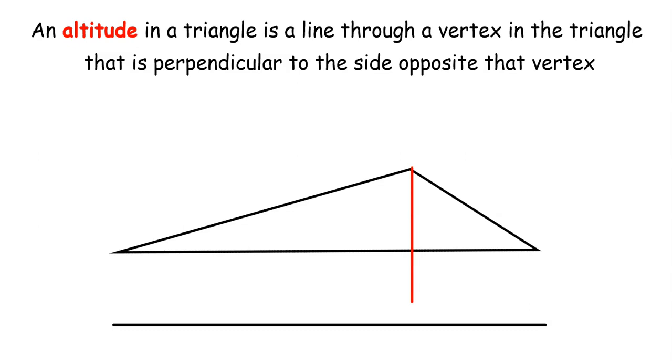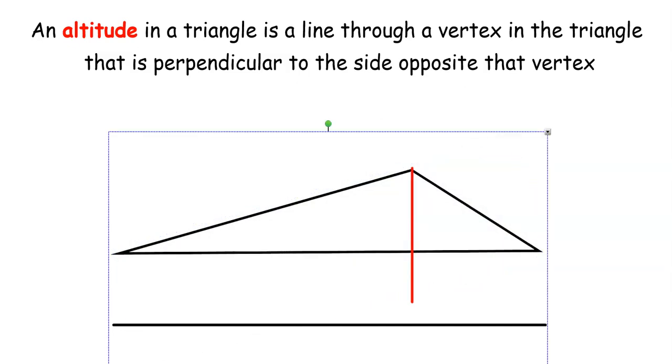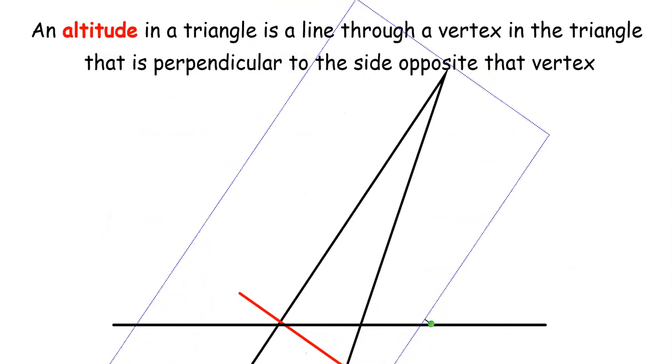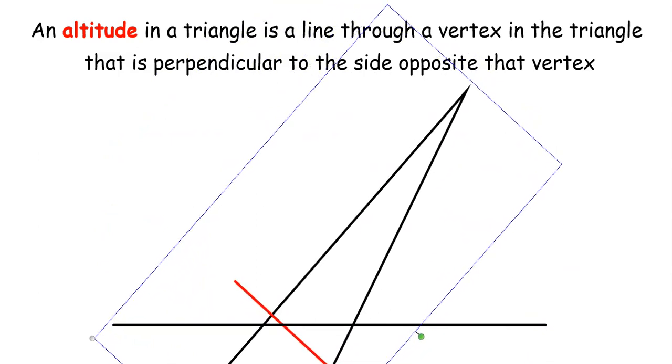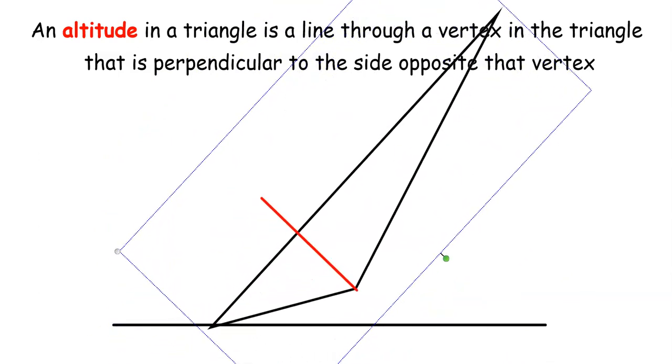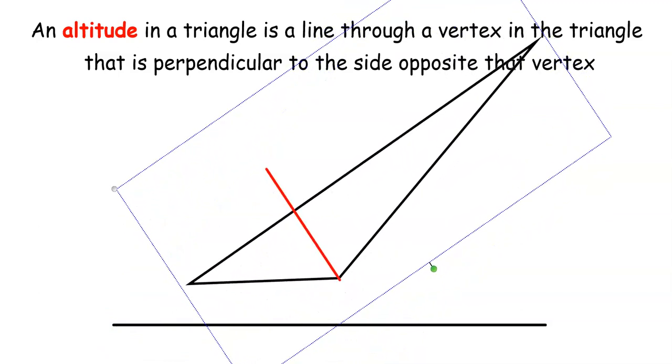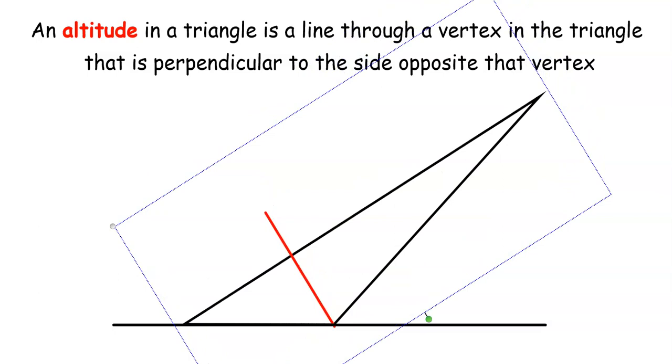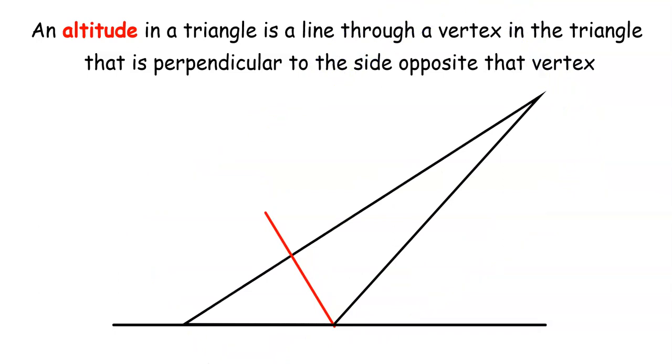That is the altitude. But an altitude from that vertex is not necessarily the same as the altitude from another vertex. So we're going to go ahead and rotate this triangle, which is why I have the line down there at the bottom of the screen, so that one of the other sides is horizontal, and we can look at the altitude through another of the triangle's vertices.